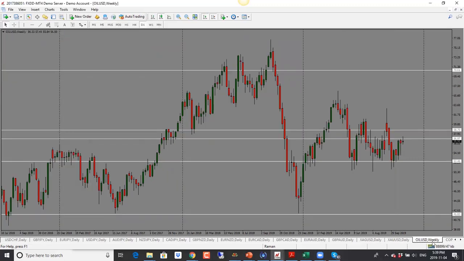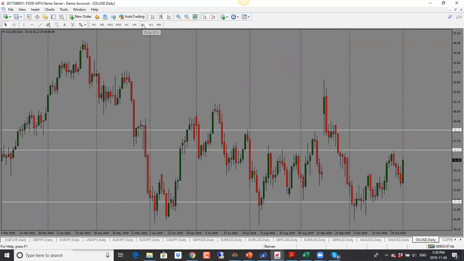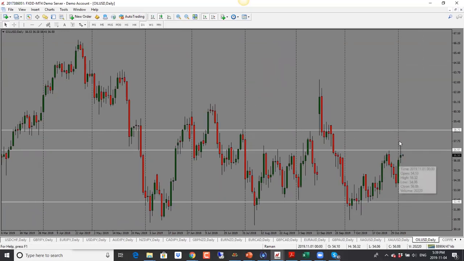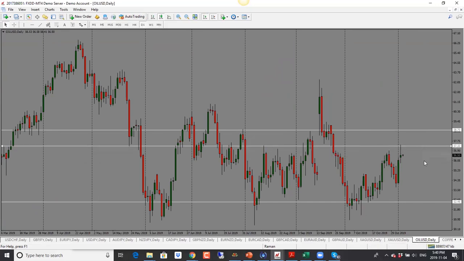The next one is oil. This one is a rejection. We see that price went into this resistance at 57.40, and then it dropped from there. That shows a rejection.